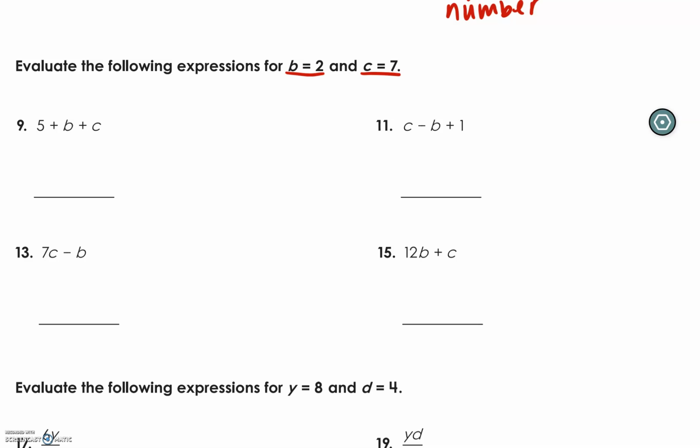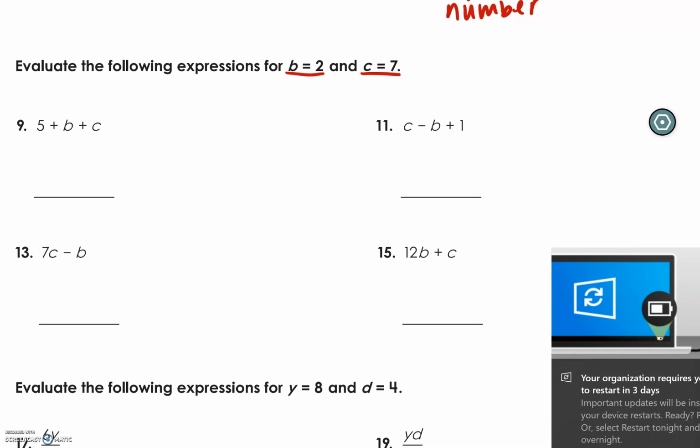variable. So I saw some work yesterday where you didn't show the substitution of the number. I really want to see that today. The more complicated these problems get, the more imperative, the more important it is for you to actually show that substitution and show that work.